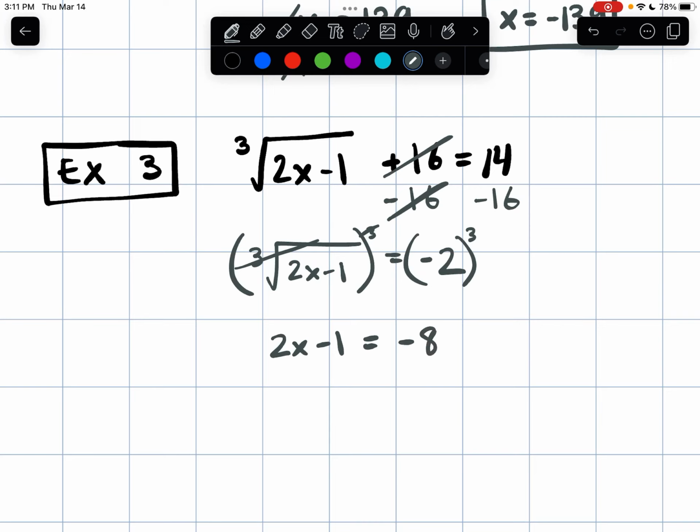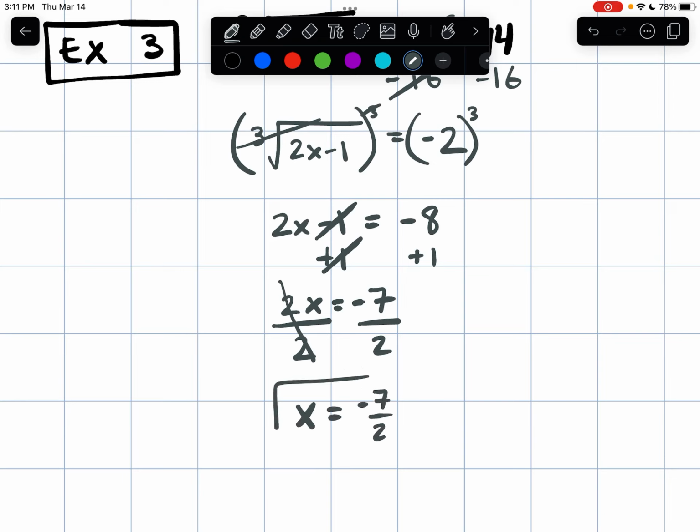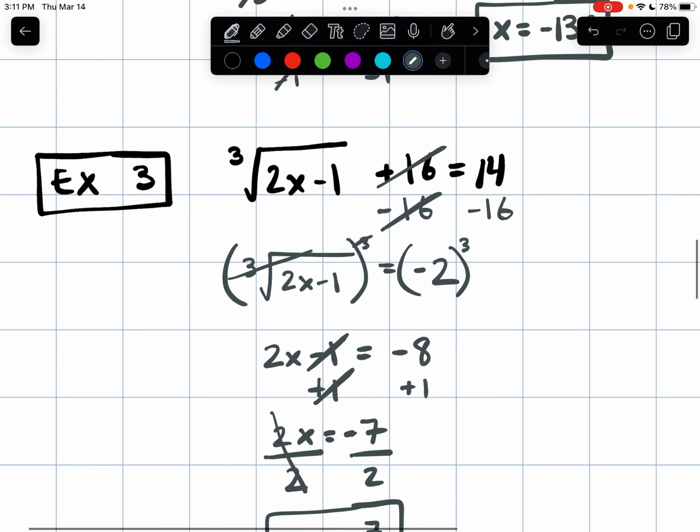We're going to solve this for x, so I need to add 1 on both sides. So we get 2x equals negative 7. Then I'm going to divide both sides by 2, and so we find out that x is negative 7/2. And that would be your answer.